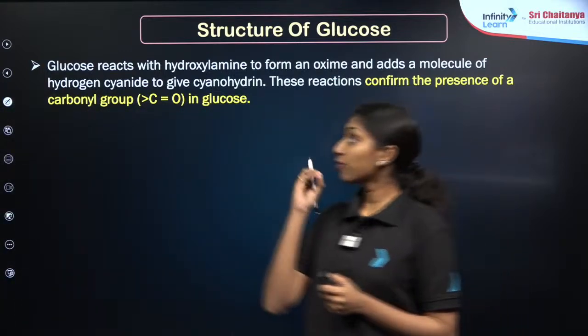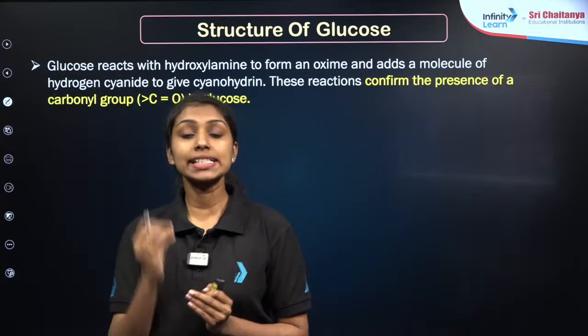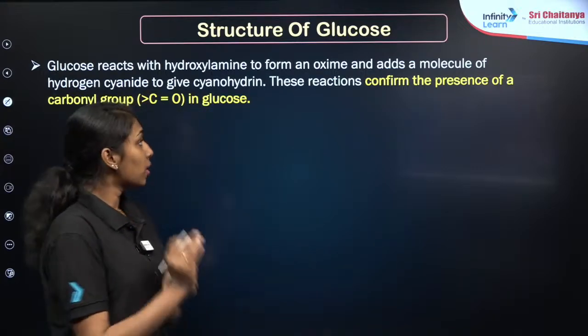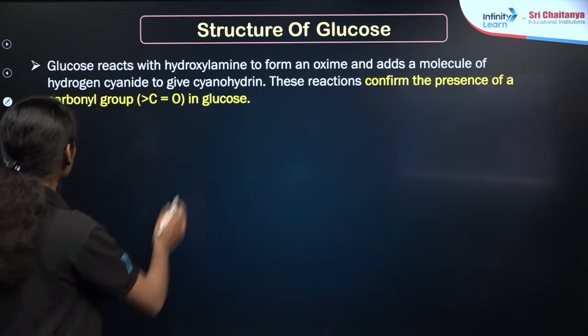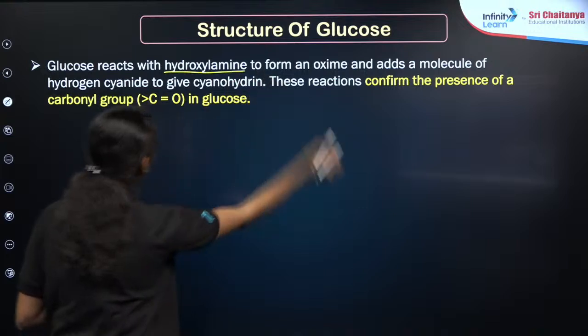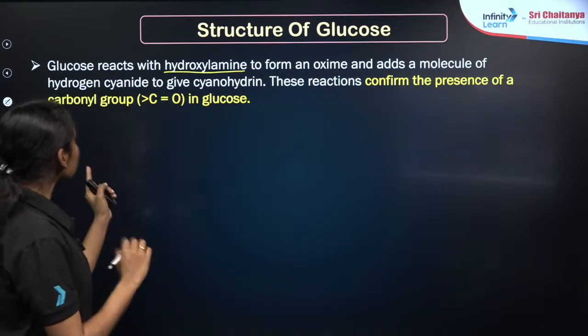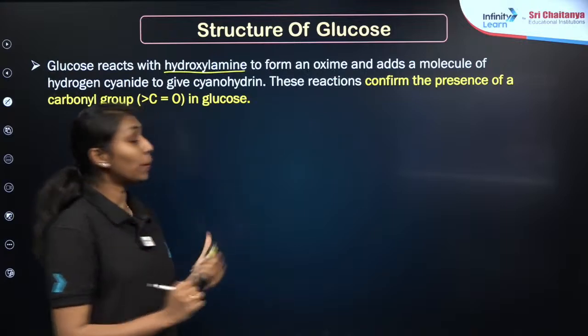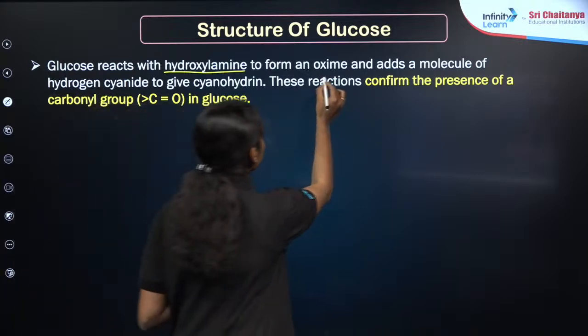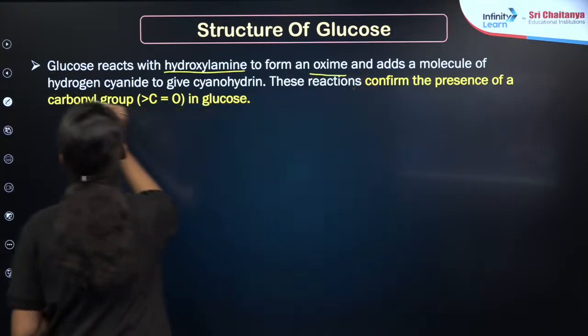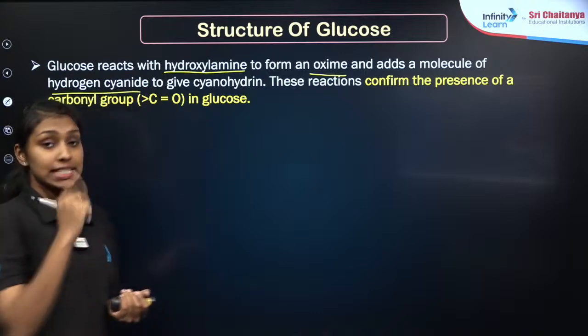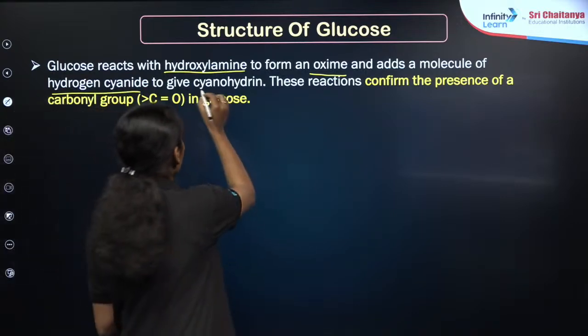Now the next thing we have to identify is the functional group present in the glucose molecule. For that we did an experiment with hydroxylamine, one of the reagents used here. Glucose reacts with hydroxylamine to form an oxime. Similarly, when it is treated with hydrogen cyanide, that is HCN, it forms cyanohydrin.